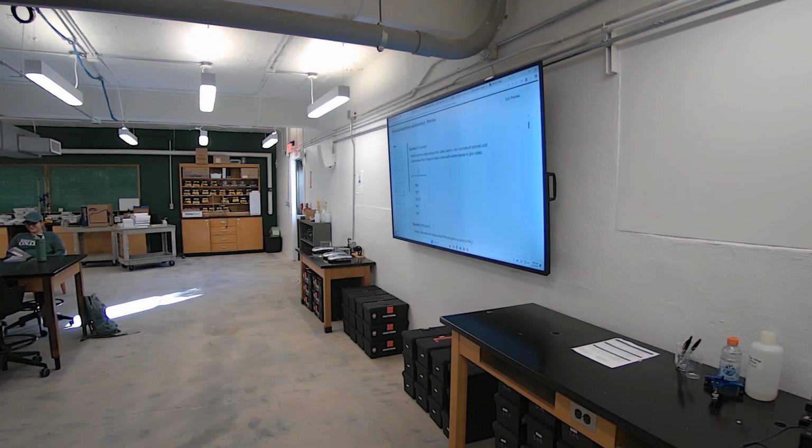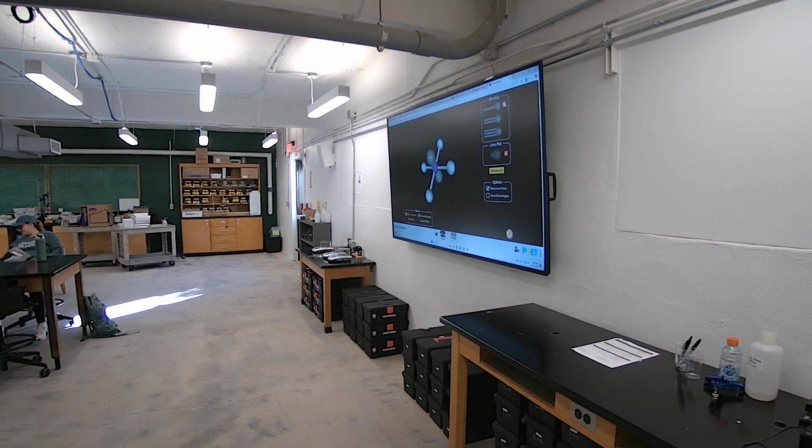Okay, well, hold on. Oxygen. This is what oxygen looks like bonded to two different things. Bent, and what's the bond angle?